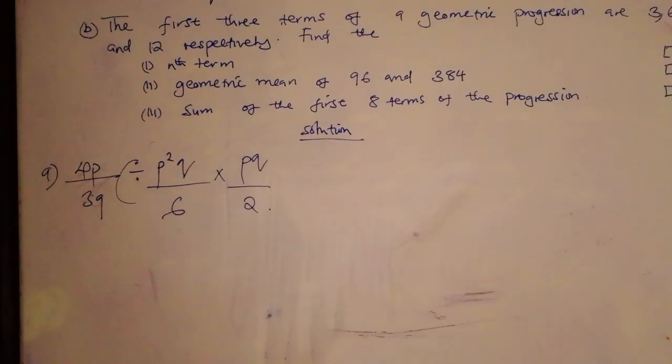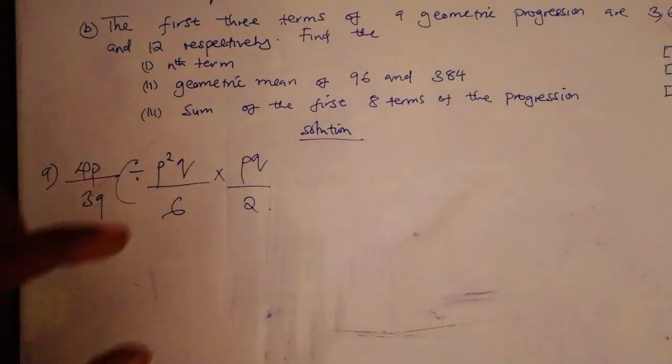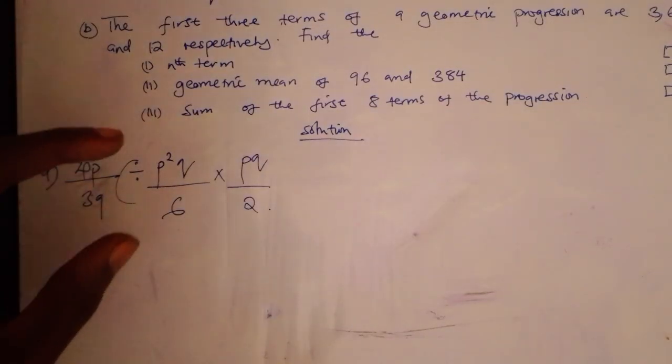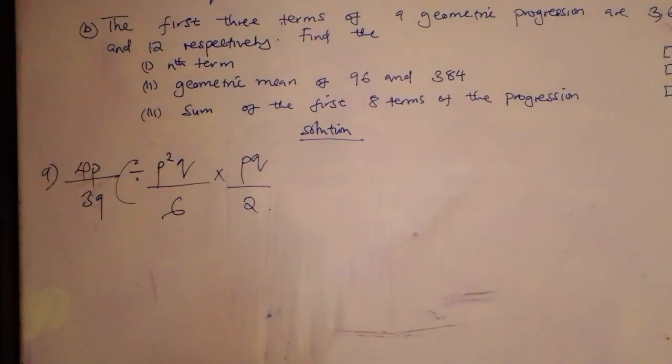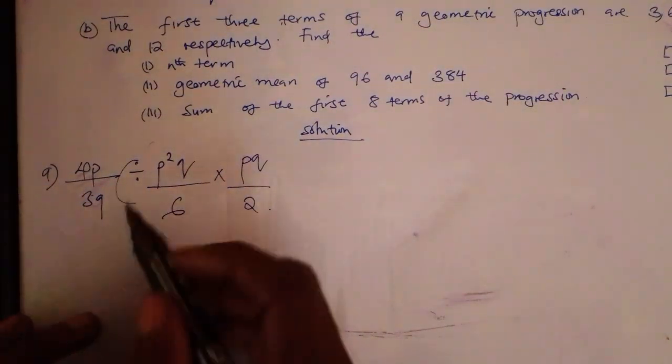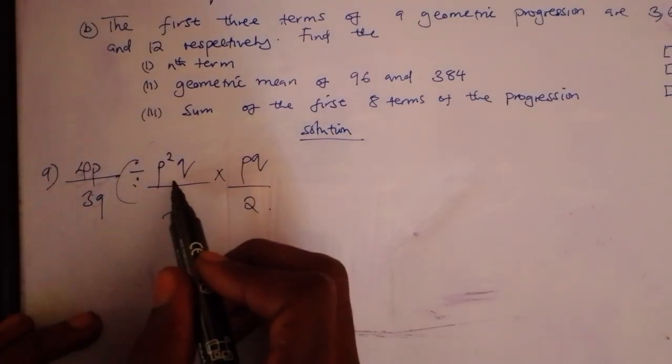So the first thing is you have to change this division sign into multiplication. We know that whenever we are dividing fractions, the first thing we do is change the sign to multiplication. So how can we change this sign into multiplication? That is the simple thing to do. You just flip the next fraction. So this division sign is next to which one? This one.